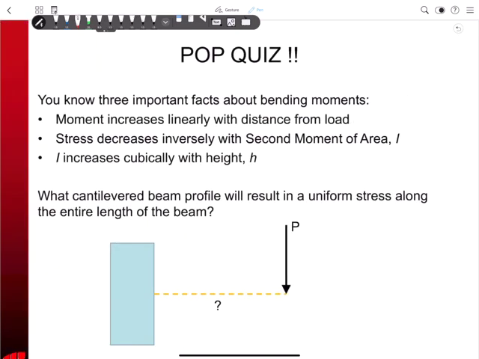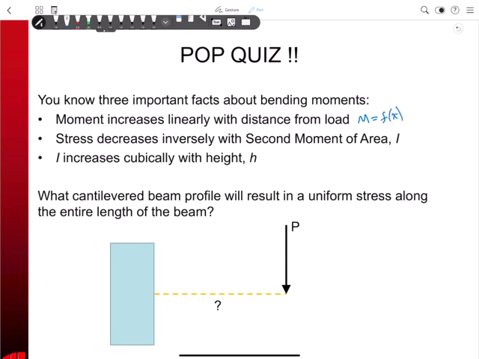Pop quiz. We know 3 important facts about the bending moments. Moment increases linearly with distance from load. In other words, let's do this in blue maybe. So the moment equals a function of x.